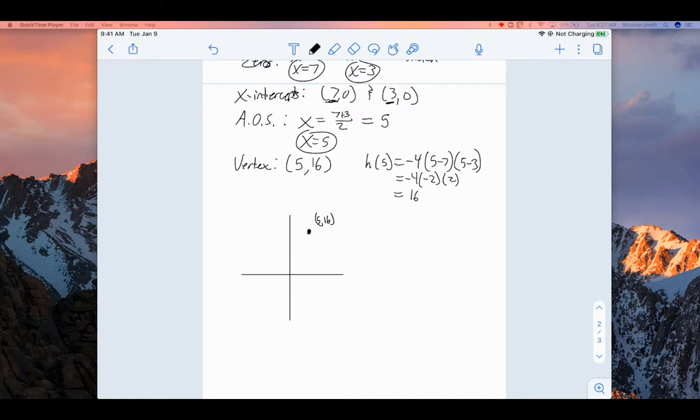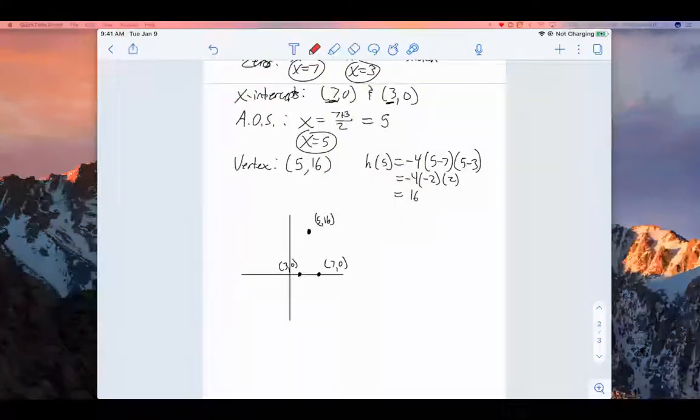And then we've got two intercepts at 3 and 7. So this is going to be 3, 0, 7 comma 0. And we've got our axis of symmetry.